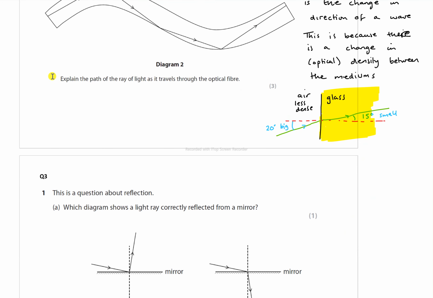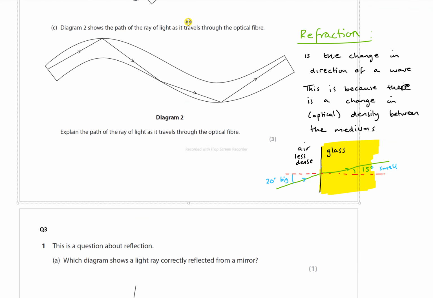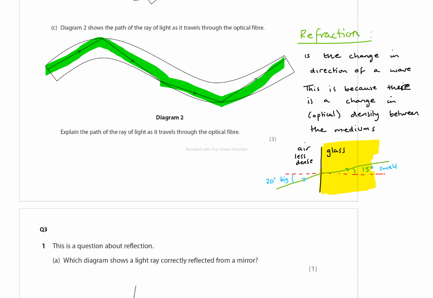Now, we need to explain the path. Why is this being totally internally reflected there, there, there, and there? That's the question, so we now need to put an answer to that. Even if you can write this, you'll get 1 mark.